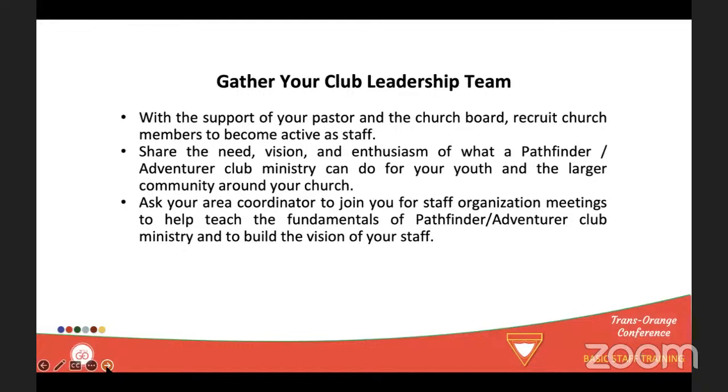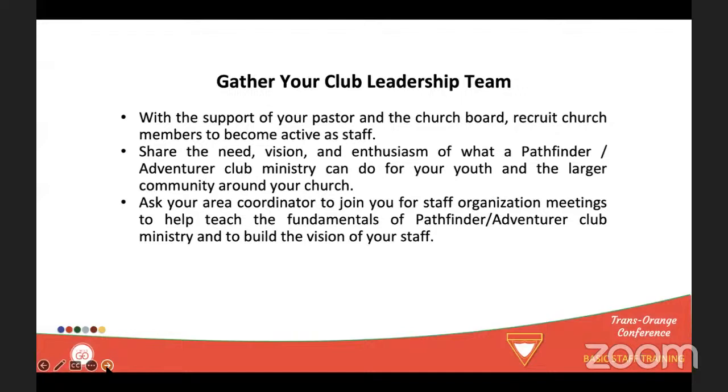So recruit church members to become active staff members. Share the needs, share the vision, share the enthusiasm of what a Pathfinder or Adventurer Club ministry can do for your youth in the larger community around your church. Ask your area coordinator to join you for staff organization meetings to help teach the fundamentals of Pathfinder or Adventurer Club ministry and to build the vision of your staff.